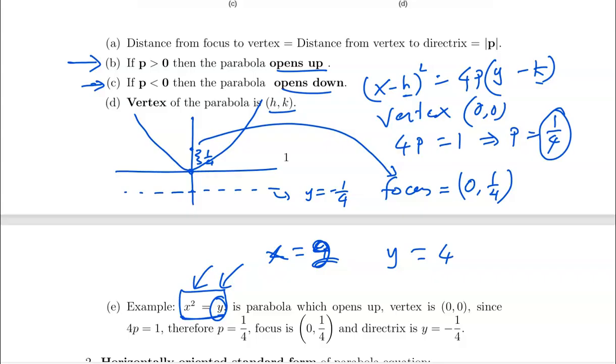So if x equals 2, that's going to be the point 2, 4. And same thing, if x equals negative 2, y is also 4, so negative 2, 4. So you can see, you can find other points.